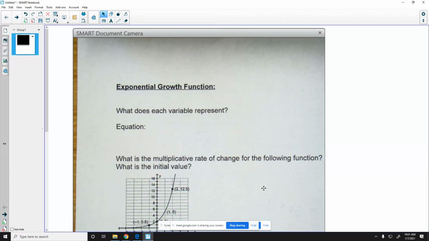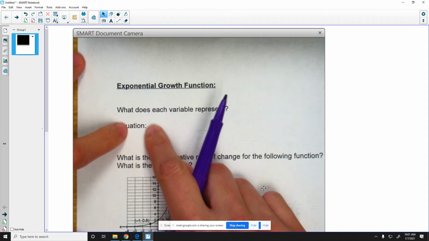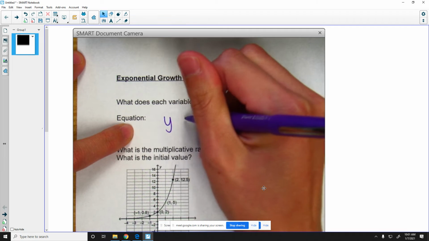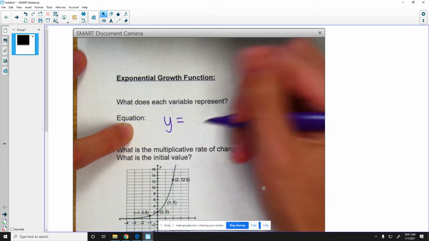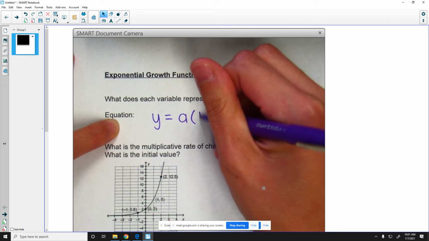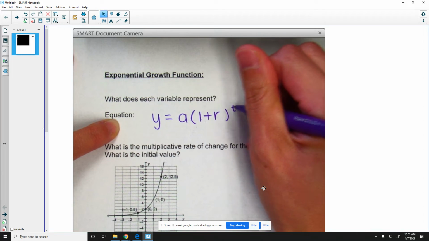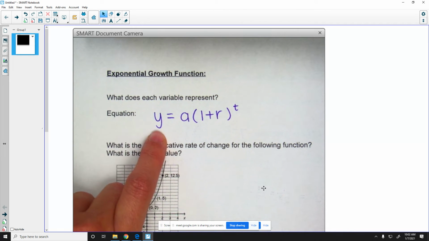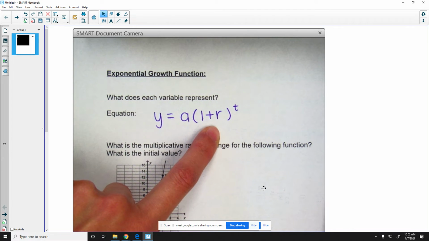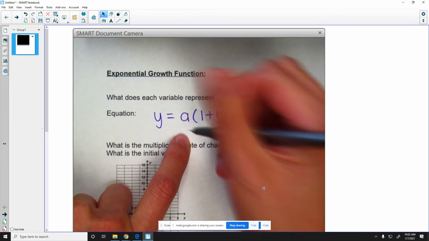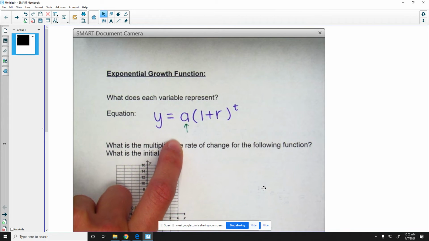Exponential growth functions. So my equation for exponential growth is going to be y equals a times parentheses 1 plus r to the t. So just to ring a bell, that's what my equation is. So what does each variable represent? So a, what does that represent, guys?